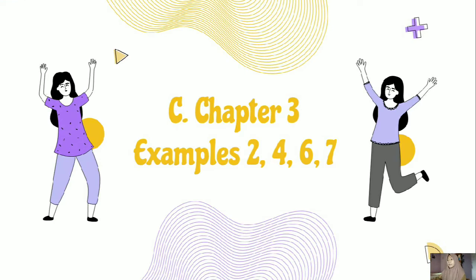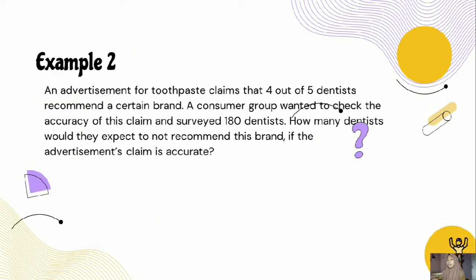Chapter 3, examples number 2, 4, 6, and 7. Example 2. An advertisement for toothpaste claims that 4 out of 5 dentists recommend a certain brand. A consumer group wants to check the accuracy of this claim and surveyed 180 dentists.